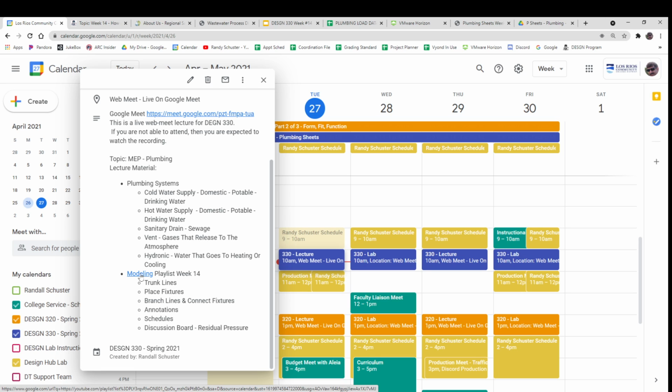If you say, I tried to do the trunk lines and something wasn't working, you can send me your model and I'll look it over and see what we can do to fix that. But you've got to give it a try first, all right? And go in the order that it shows up in the playlist. I think I have the order correct in the playlist. If not, go by this order right here.